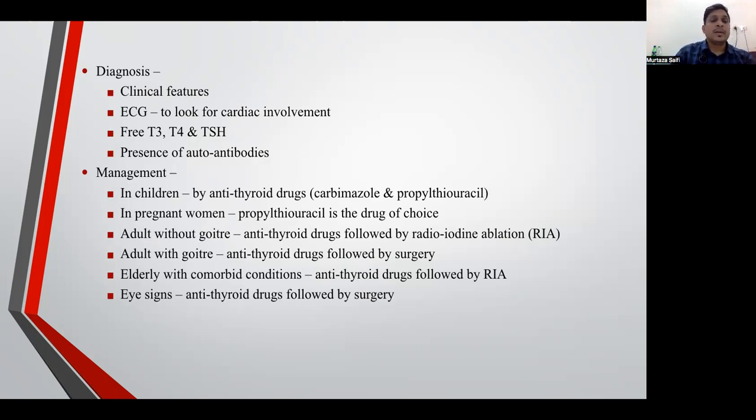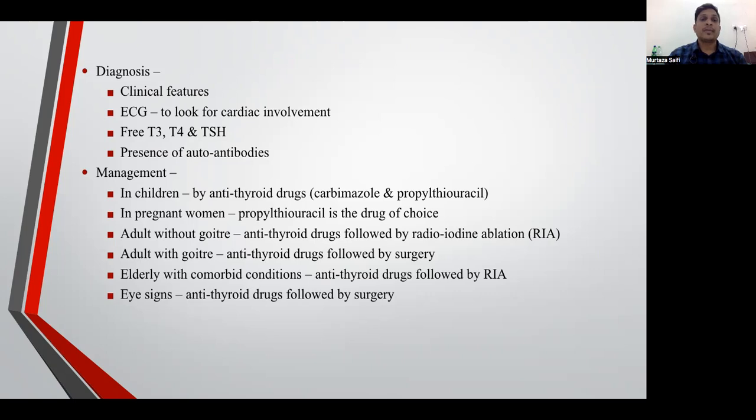Then the management part: in children by antithyroid drugs like carbimazole and propylthiouracil. In pregnant women, propylthiouracil is the drug of choice. Then adult without goiter, antithyroid drugs followed by radioiodine ablation.